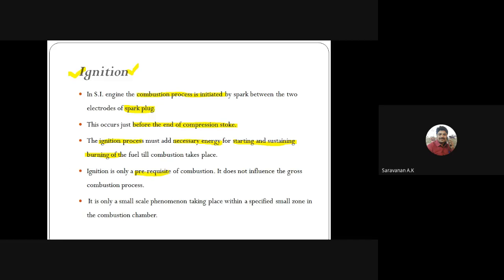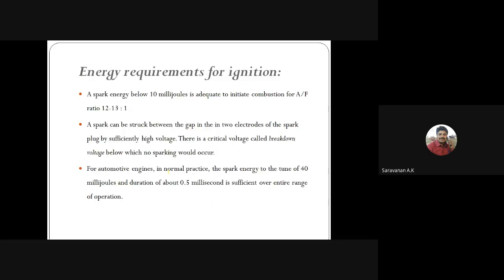You have to remember these terms for ignition and the energy requirements for the ignition process. For burning a normal air fuel ratio of 12 to 1 or 13 to 1, we require a spark energy of 10 millijoules.